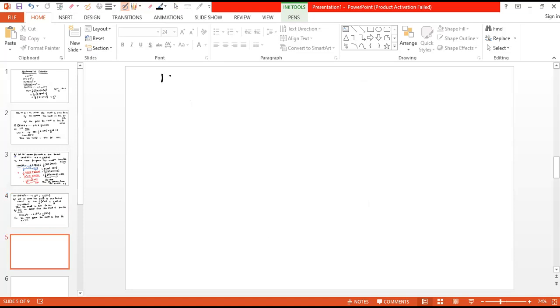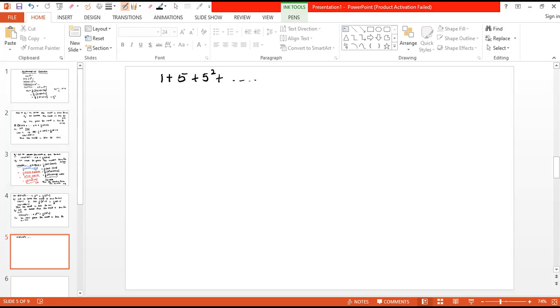That is, you write it as 1 plus 5 plus 5 square and so on. You are writing it up to n equal to k plus 1.